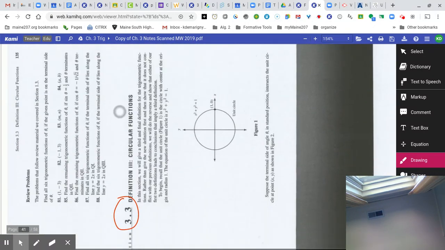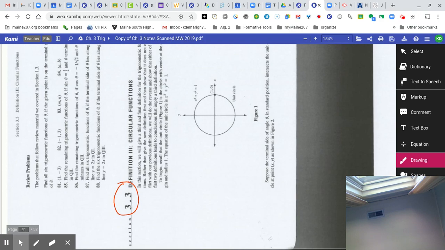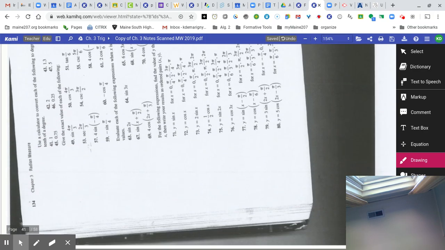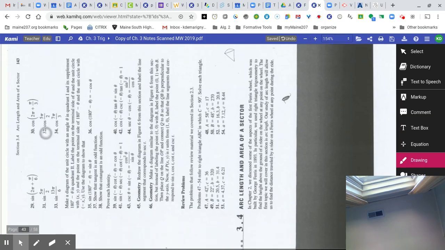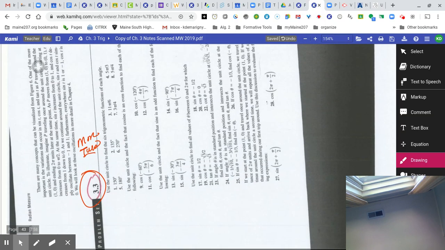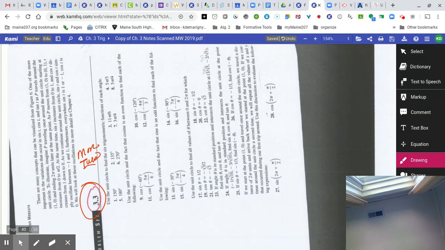And then we're going to come up on 3.3. So here's 3.3. There are some notes and things that go along with 3.3. And then your homework for 3.3 is going to come here. So this is your Monday, Tuesday homework, section 3.3.